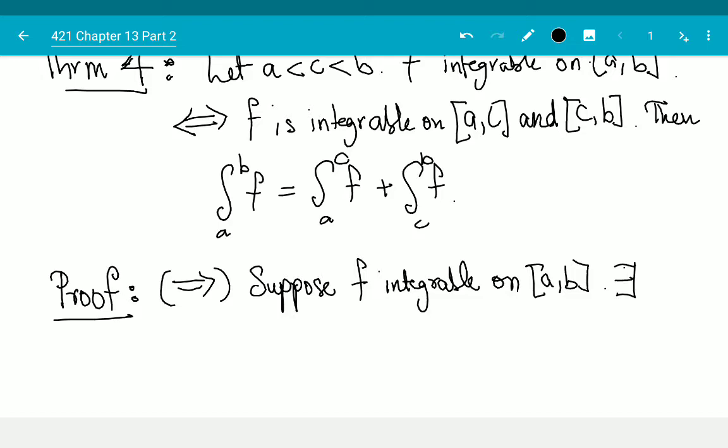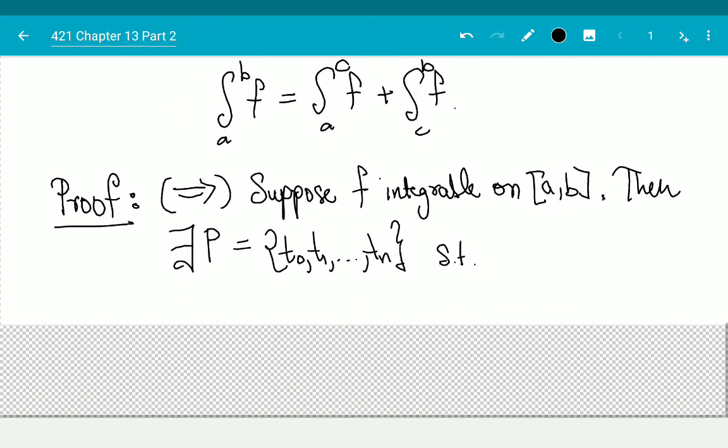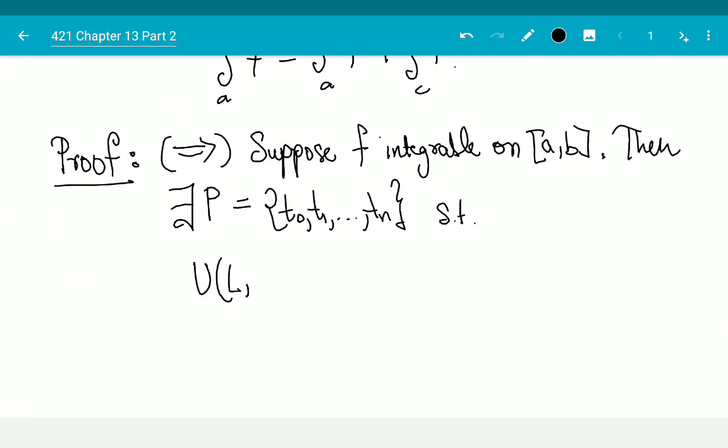Then there exists a partition P equal to t0, t1, up to tn such that U of f comma P minus L of f comma P is smaller than epsilon, right?